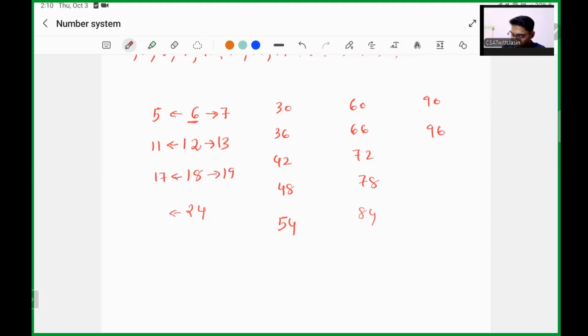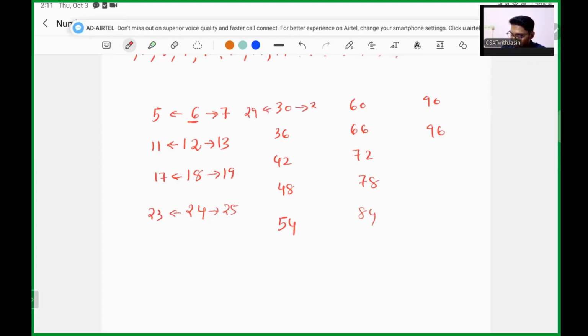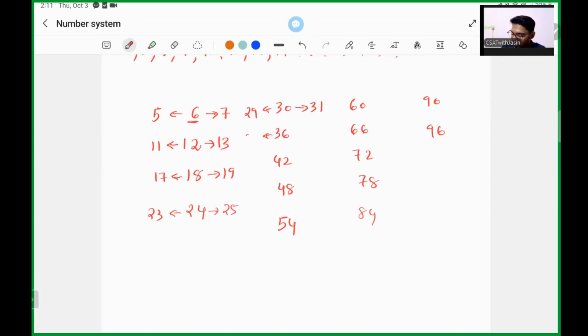Here it is 23, 25. Here it is 29, 31. Here it is 35, 37. Here it is 41, 43. Then 47, 49. You have 53, 55.